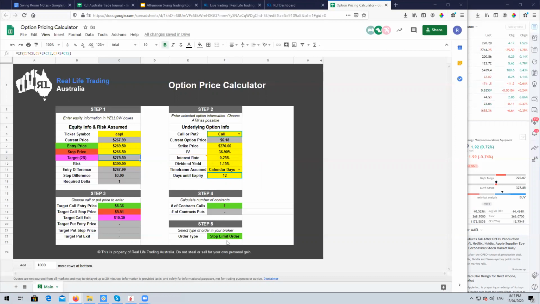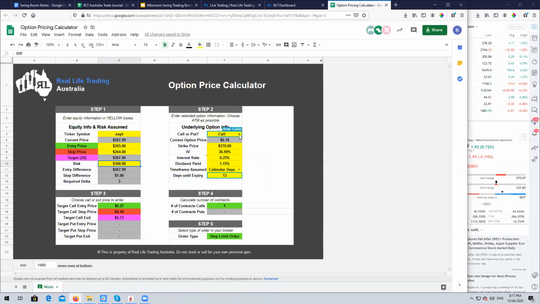Obviously, if you were buying on a dip, trying to buy below the current price of say 265, the stop price would have to be below here, so that'll be 260, 264. Why is that not changing? 265 should be cheaper.